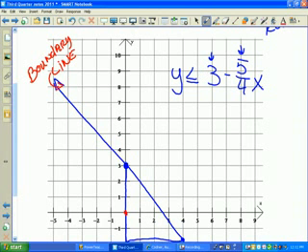I'm going to use that point to help me figure out which side is carrying all the true statements. Instead of doing each and every single point on each side, which would take me forever, I can simply test one point. So I'm substituting a 0 for that y, and a 0 for this x.